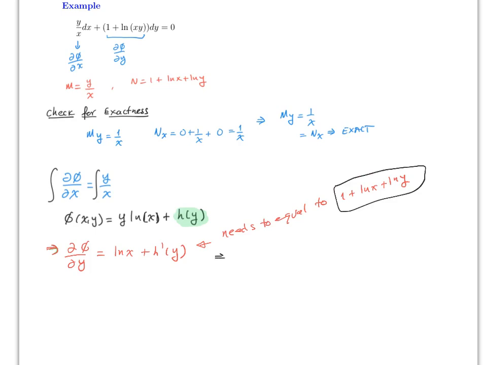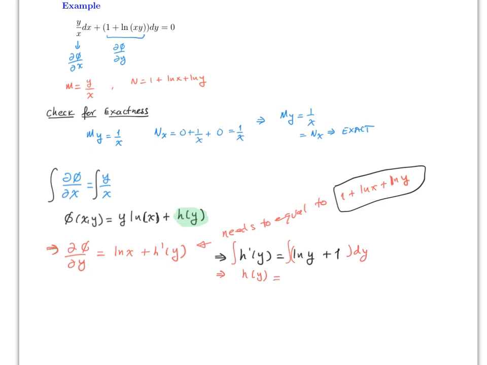Therefore, in this case, you can see that this is not equal to 0. This implies that h prime of y has to be equal to ln of y plus 1. Now, since we want to find h, then we integrate with respect to y.